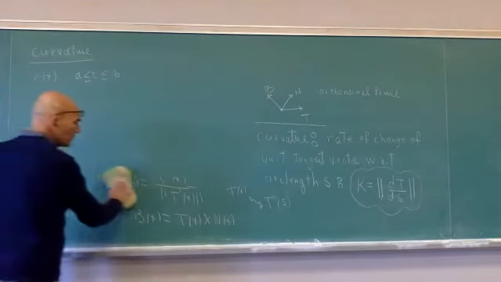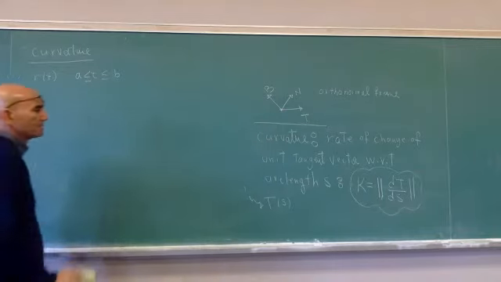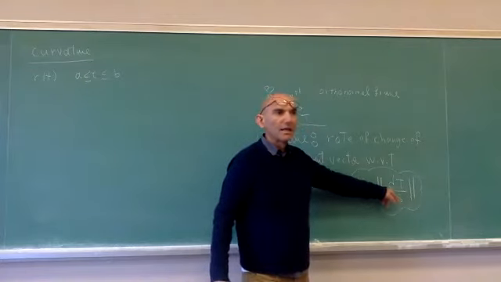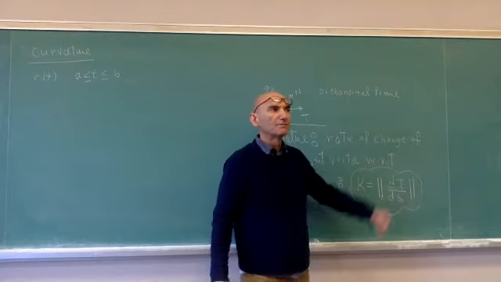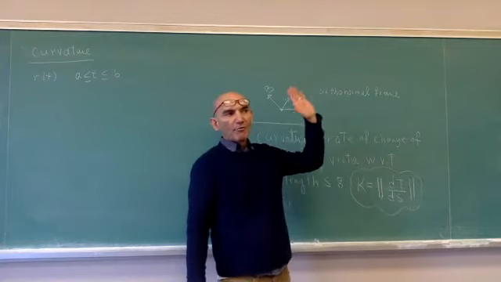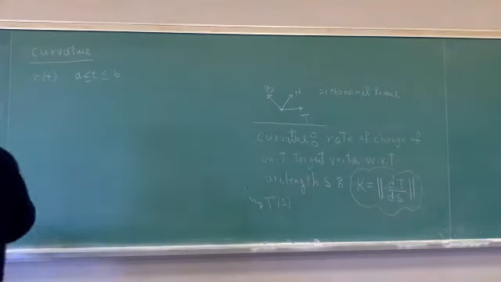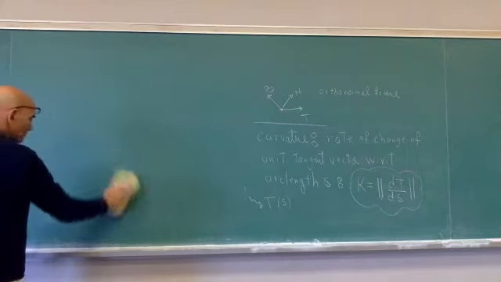You don't have to go through the torture of finding s and finding T as a function of s. You can work originally with your parameterization t. So the formula that we derived was this formula.